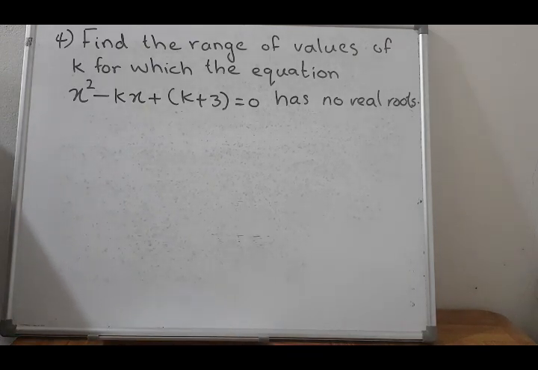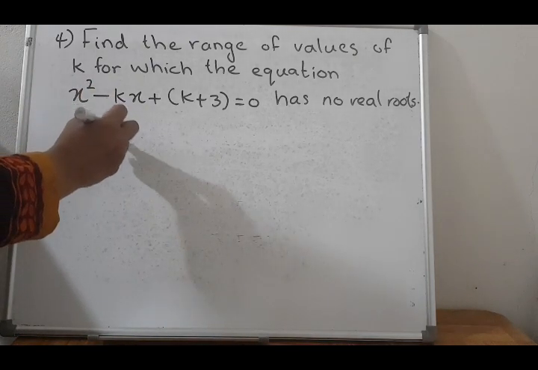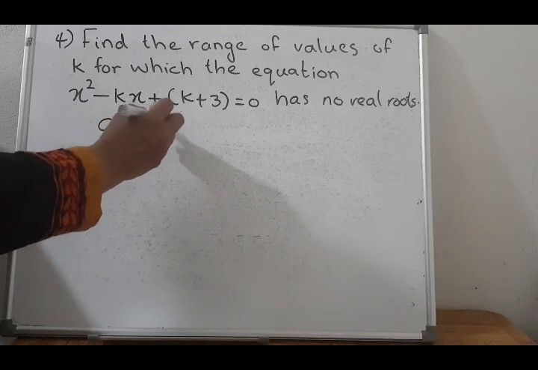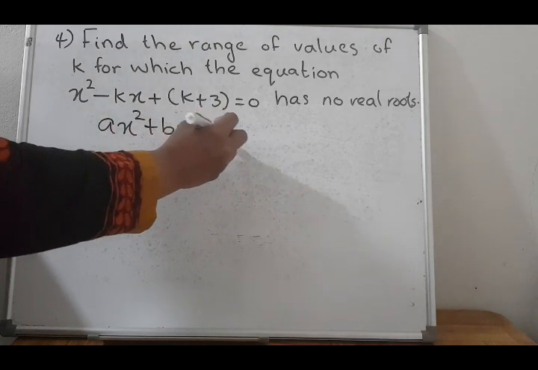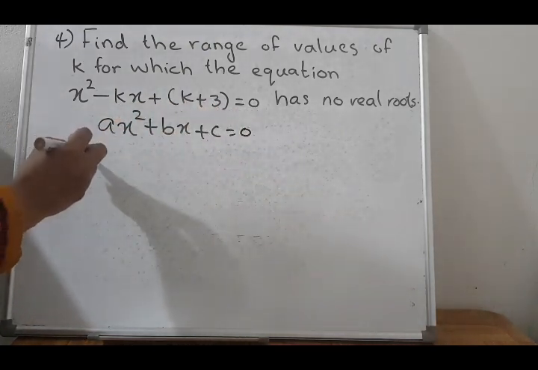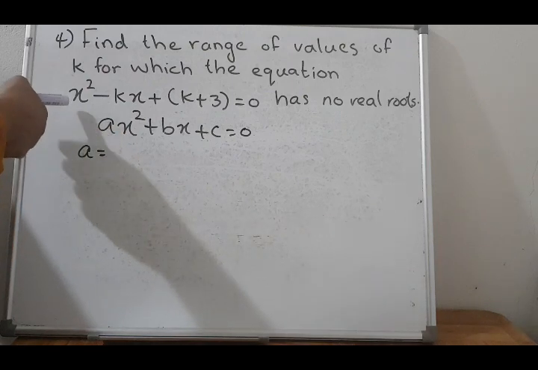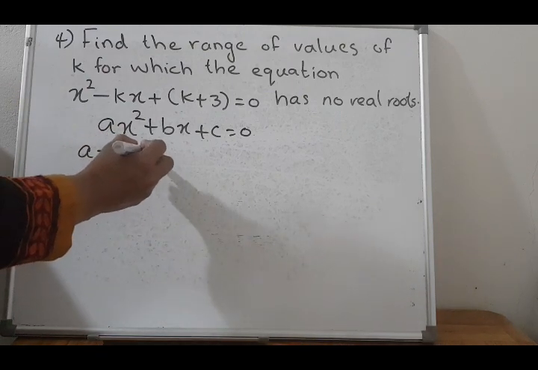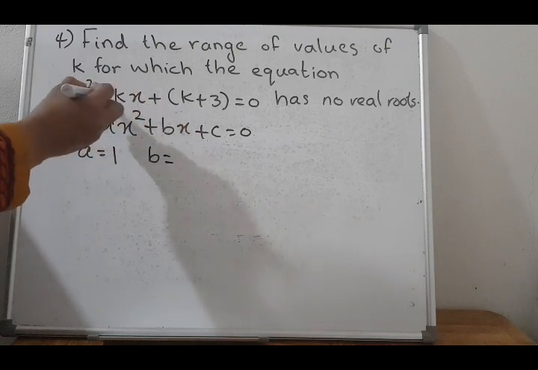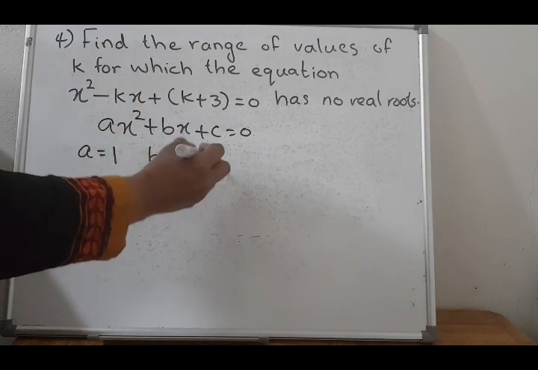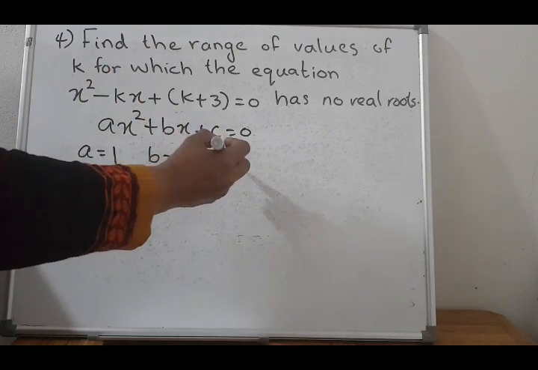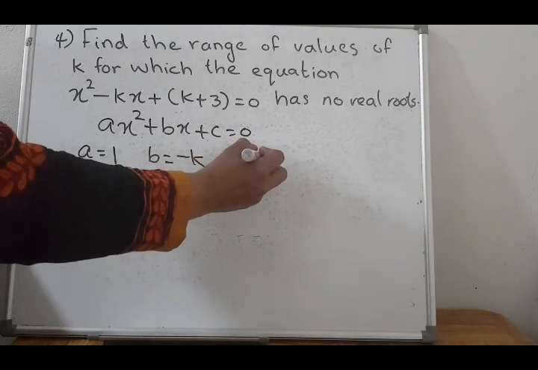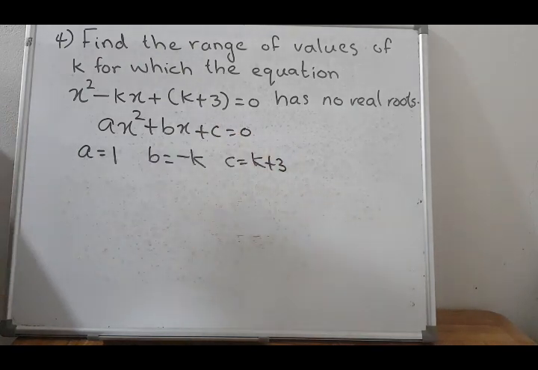We know the general form of a quadratic is ax square plus bx plus c is equal to 0. A is the coefficient of x square, here it is 1. B is the coefficient of x, here it is minus k. C is the constant, that means without x, k plus 3.